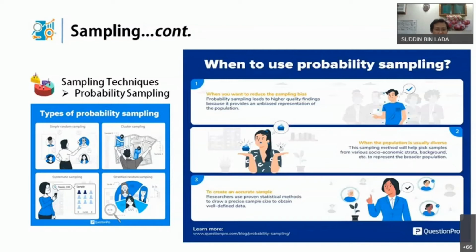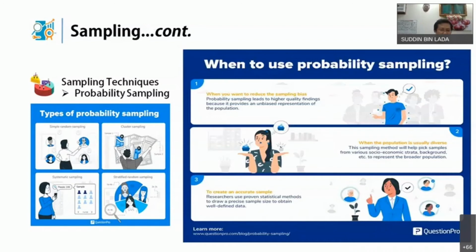Number 2, when the population is diverse, because we cannot control the sample, we do not know, this is a new area for us. The level of uncertainty is very high, so we need to use probability sampling to represent the whole population.